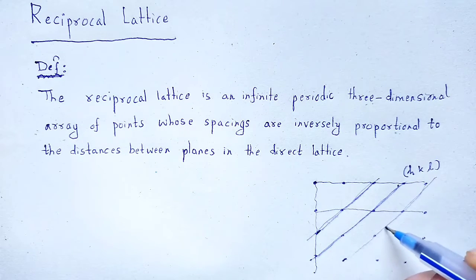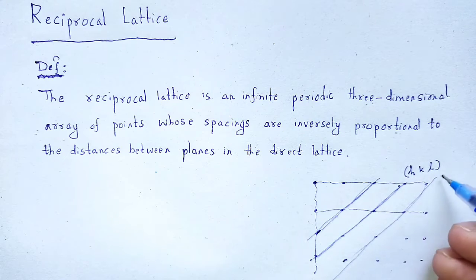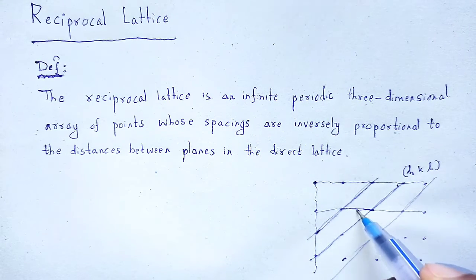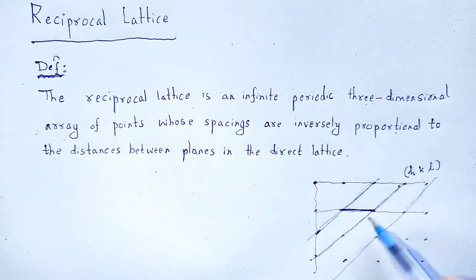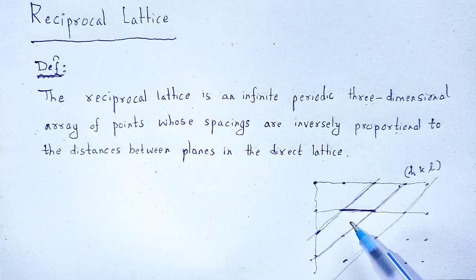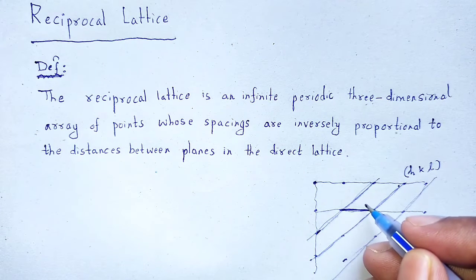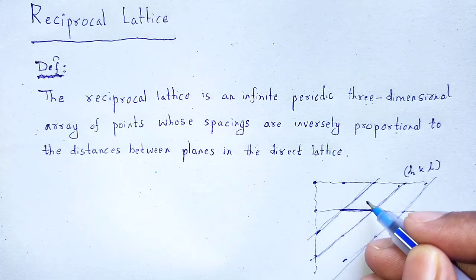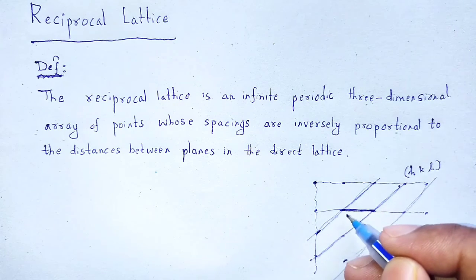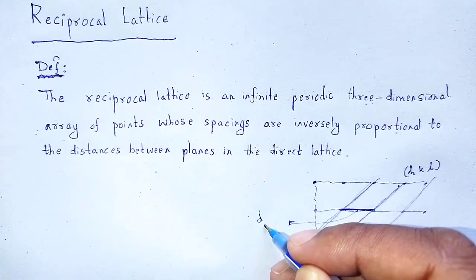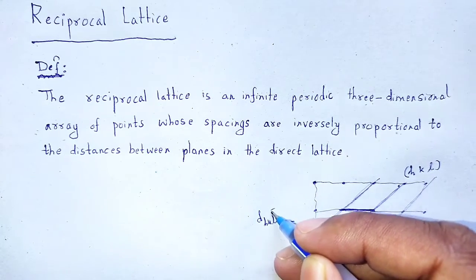The set of parallel planes having the same Miller indices h, k, l, and the distance between two parallel planes, is known as the interplanar distance, and it is represented by d of hkl.